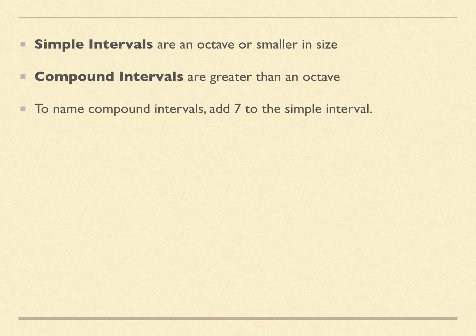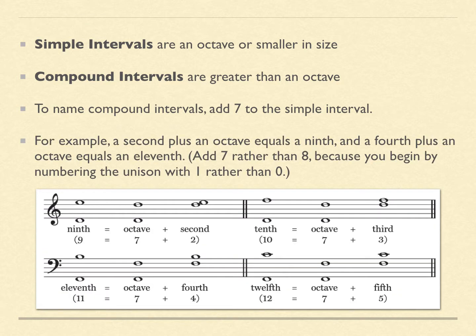It's pretty easy to do the calculations for compound intervals. Basically all you'll do is add 7 to whatever it is. So for example, if you have a second and you add 7 to it, you get a ninth. So the compound version of a second is a ninth.